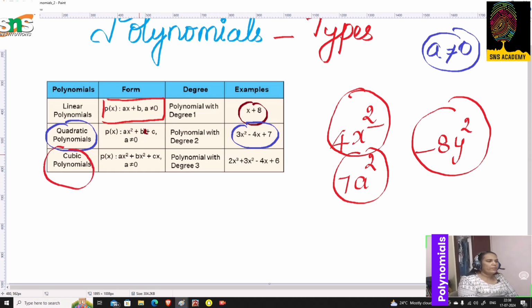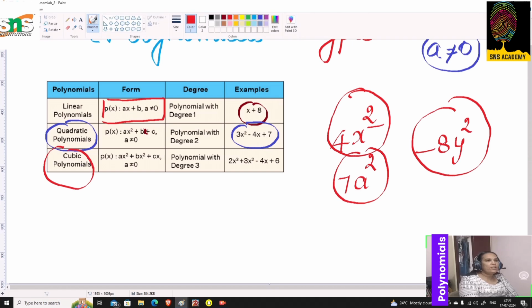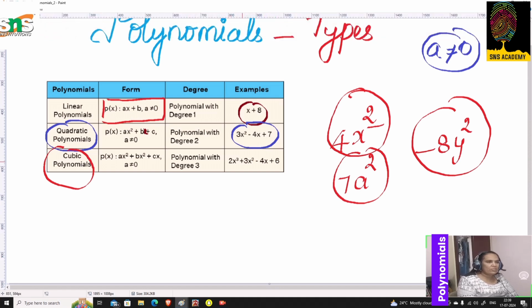Now the next one is a cubic polynomial. Can you say what is the meaning of cubic polynomial? Yes, the degree of the particular polynomial is 3. For example, ax cube plus bx square plus cx plus d.